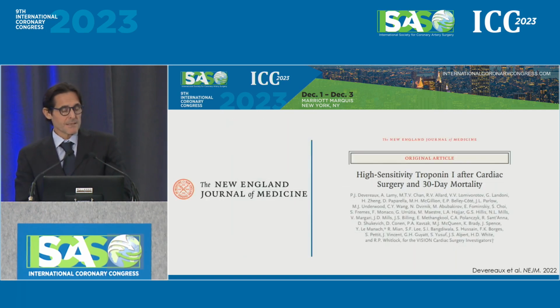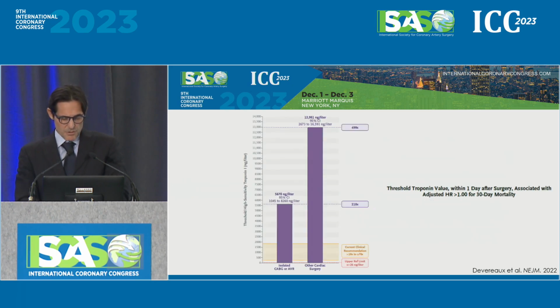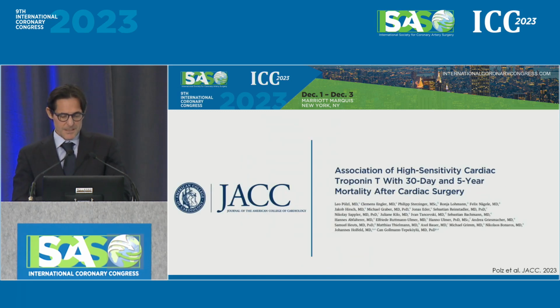The best example comes from the P.J. Devereaux cardiac surgery study that was published recently in the New England Journal of Medicine, where you can see how the troponin threshold associated with an increase in mortality was vastly higher, several dozen times higher than the threshold in the current MI definition.